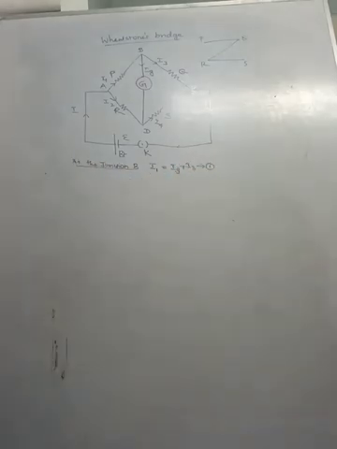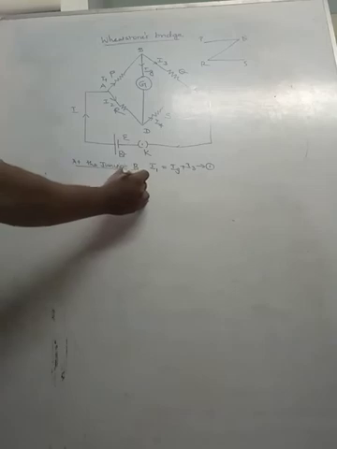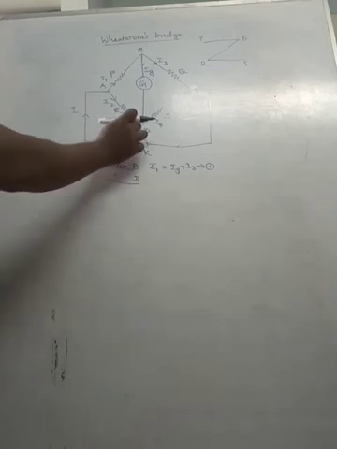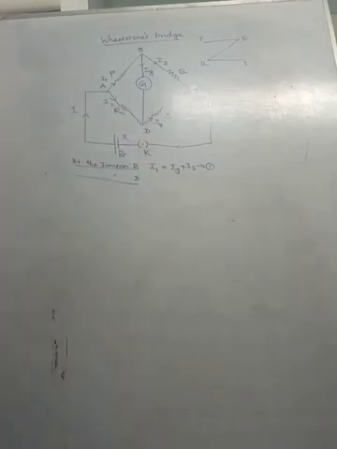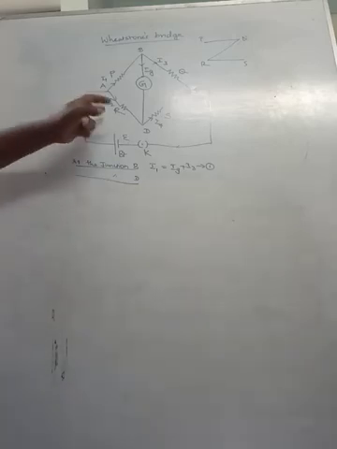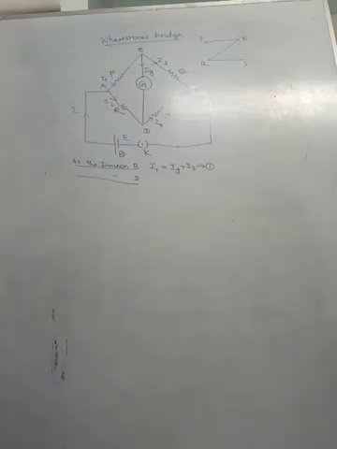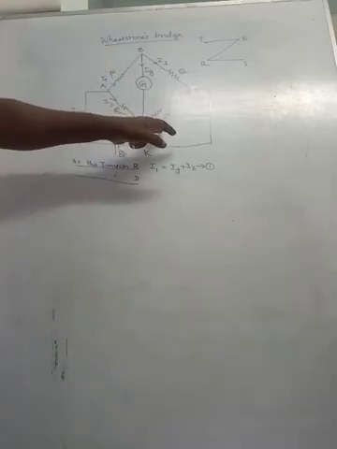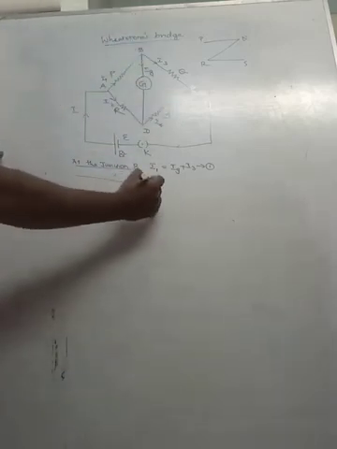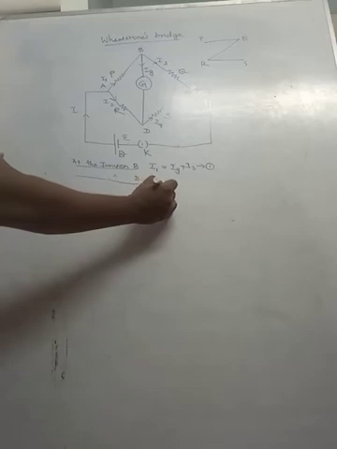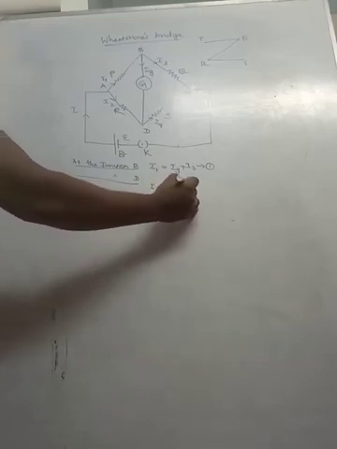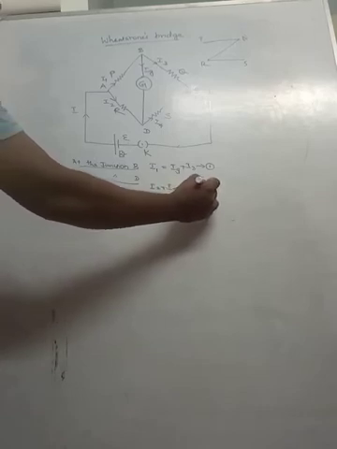This is the junction B. Now let me take the junction D. At junction D, there are two currents entering and only one current leaving. Using the junction rule, we get I2 plus IG is equal to I4. Consider this as equation 2.